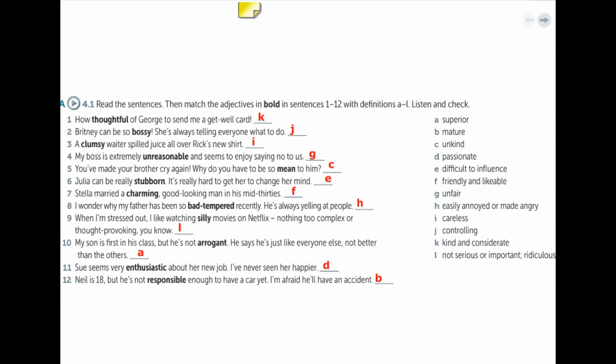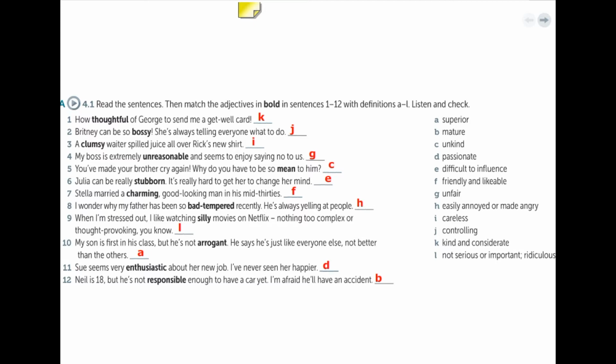Stubborn, E. A stubborn person is someone who is difficult to influence, letter E, right? 7. Charming, F. Number 7, charming means friendly and likable, letter F.